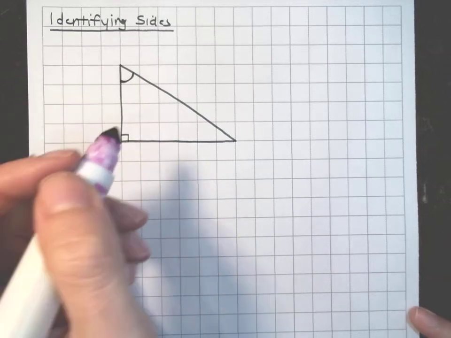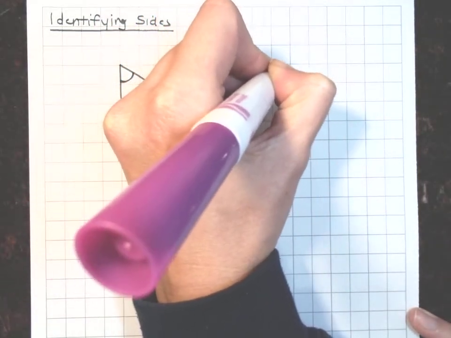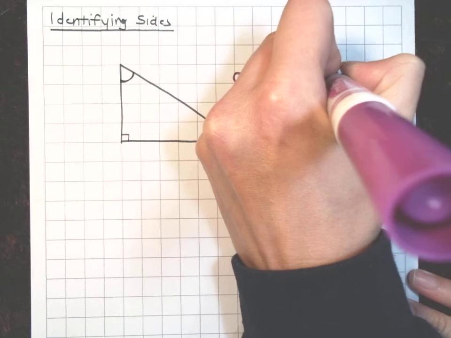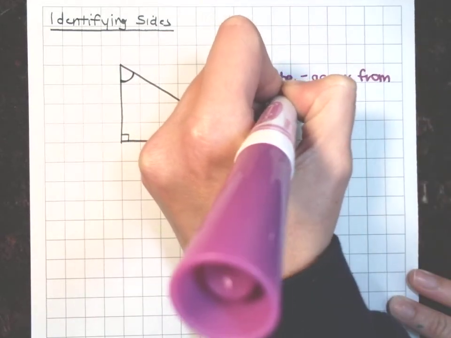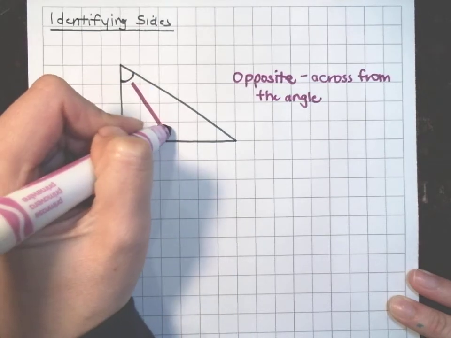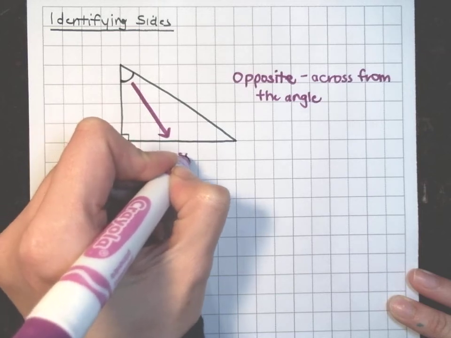So one of the sides is called opposite, and that is going to be the one that is across from the angle. So we're looking at this angle, so the side across from it, this would be our opposite side.